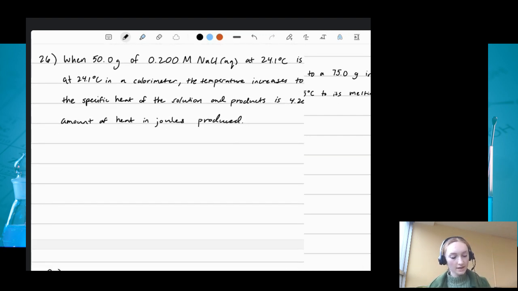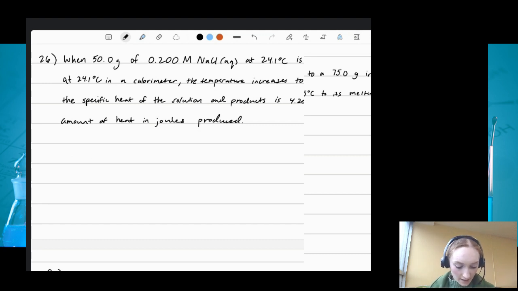This one reads, when 50 grams of 0.200 molarity aqueous sodium chloride solution at 24.1 degrees Celsius is added to 100 grams of 0.100 molarity AgNO3 at 24.1 degrees Celsius in a calorimeter, the temperature increases to 25.2 degrees Celsius as AgCl forms.